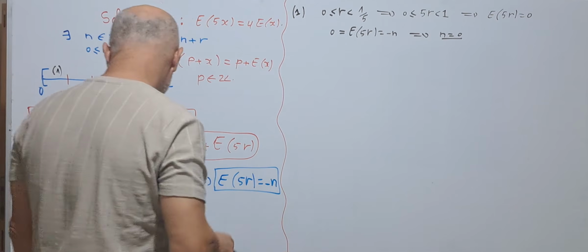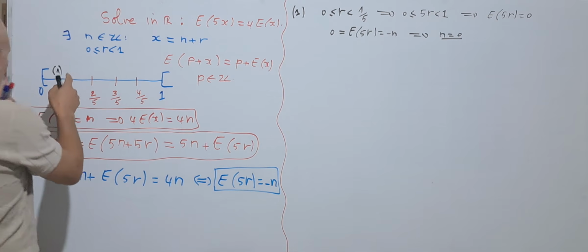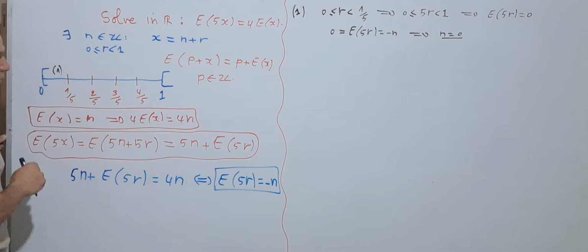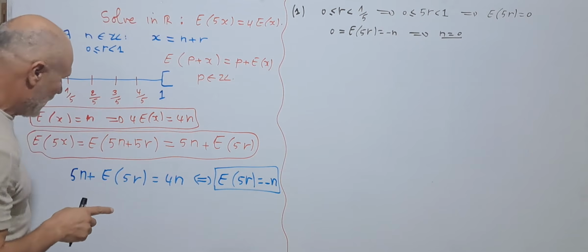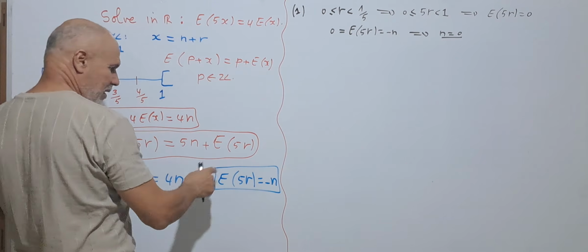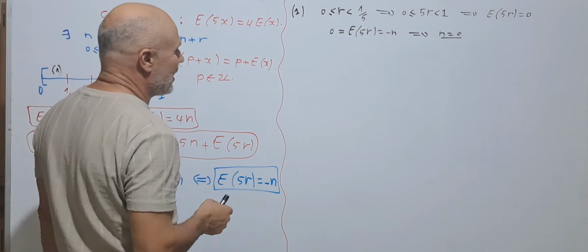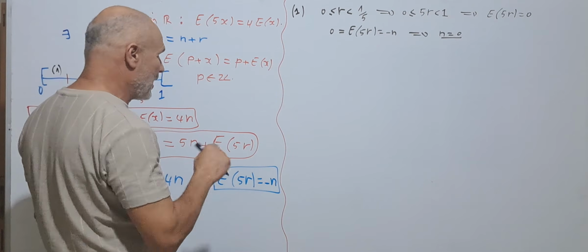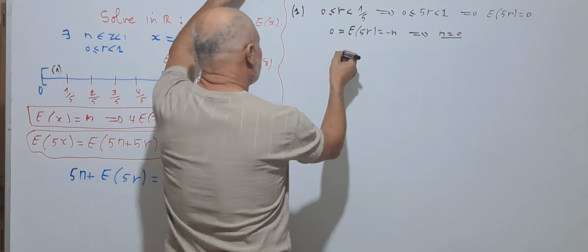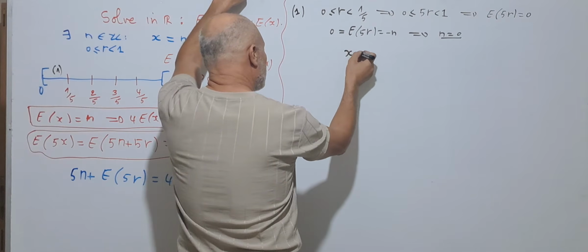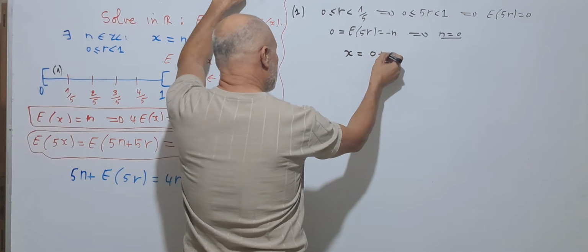If r belongs to [0, 1 over 5), the integer part of 5r is equal to 0. This means n equal to 0. And by the way, x is equal to 0 plus r.